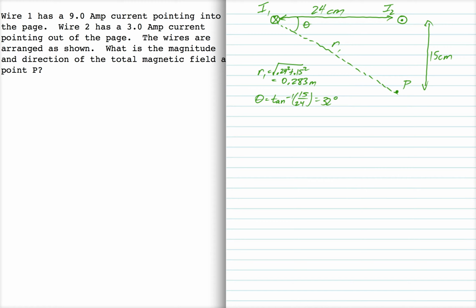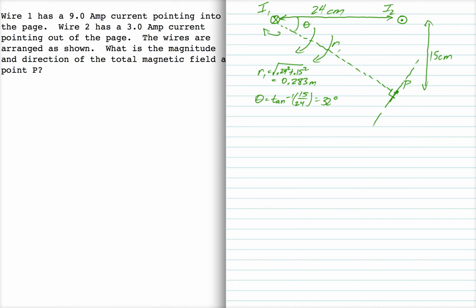Okay, so let's figure out directions first. The direction of the magnetic field at point P due to I1 is going to be along a line that is perpendicular to R1. Okay, it's making a right angle with that distance. It's a tangential force. Now the right-hand rule tells me that the current due to I1 wraps around I1 like this. Right, it wraps around in a clockwise direction.